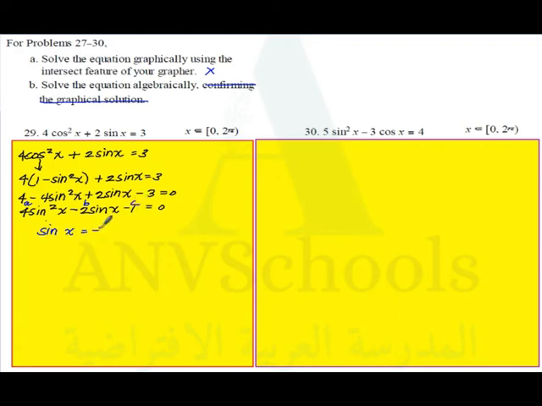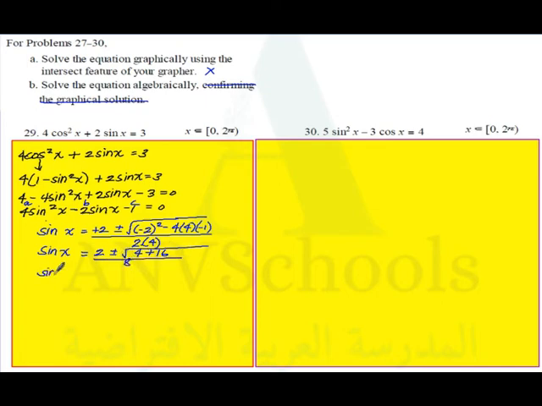So this will give us negative of negative 2, that's positive 2, plus or minus square root of negative 2 squared minus 4 times a times c, all over 2a. And our a is equal to 4. So that would be 2 plus or minus square root of 4 plus 16 all over 8.